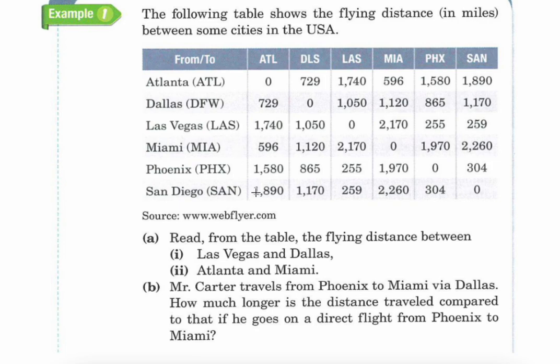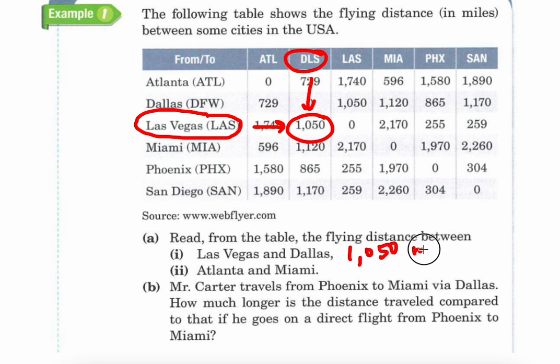All right, so part A, reading from the table, the flying distance between Las Vegas and Dallas. In my table, I find Las Vegas to Dallas, and right between is this answer, 1,050 miles. I could also figure it out from Dallas to Las Vegas this way, and that's also 1,050 miles.